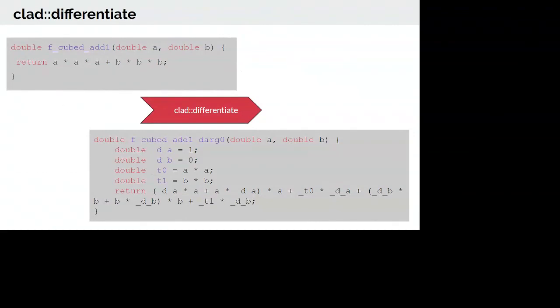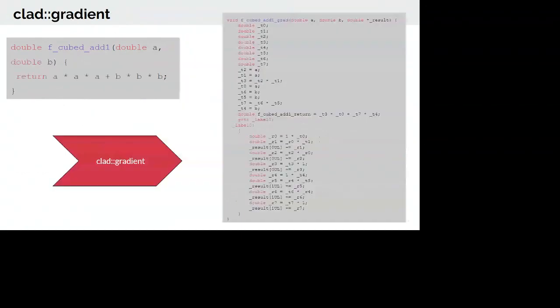When you call clad::differentiate, it automatically generates a function that's a derivative of it, and in this case, it's the derivative of the original function with respect to the variable a. clad::gradient is very similar, except when you call clad::gradient, it differentiates f_cubed_add1 with respect to all input variables, so a and b, and it stores the differentials in a C array.